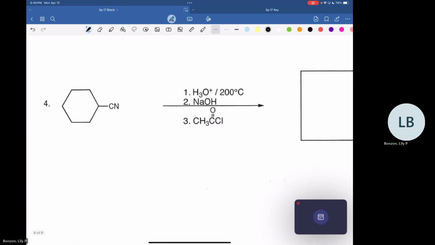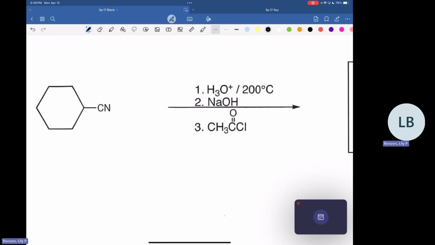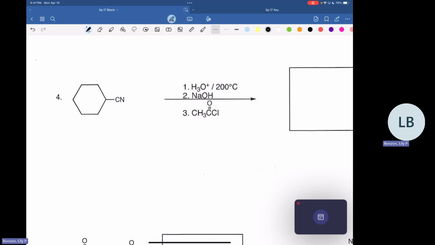We have a nitrile, and we have H3O+ and 200 degrees Celsius. So for this one, what this one is going to do is turn the nitrile into a carboxylic acid.